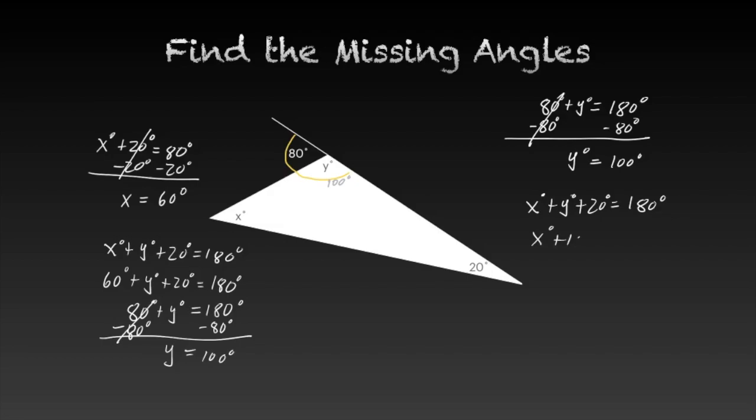So that's going to be x plus 100 degrees plus 20 degrees is going to be equal to 180 degrees. Combine like terms, you have x plus 120 degrees is going to be equal to 180 degrees. Subtract 120 from both sides. And that's going to be x is equal to 60 degrees.